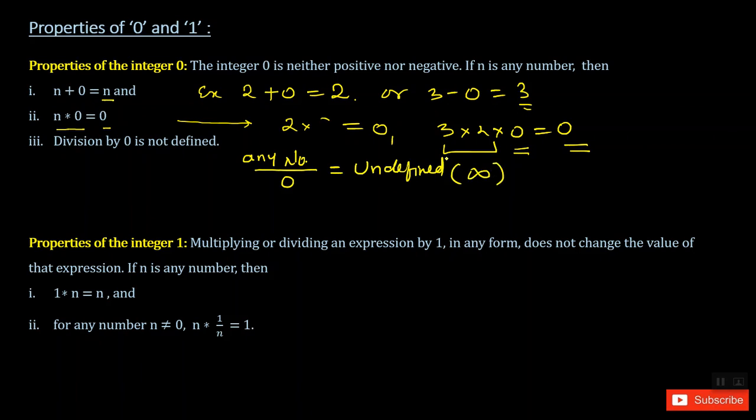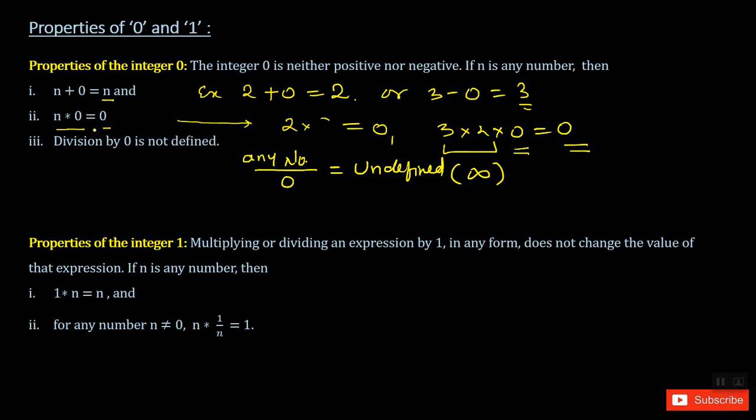It does not exist. Division by 0 is undefined, so this is a point excluded in the GMAT and GRE. GMAT and GRE never ask you a question relating to something divided by 0, that is, a question about the undefined.